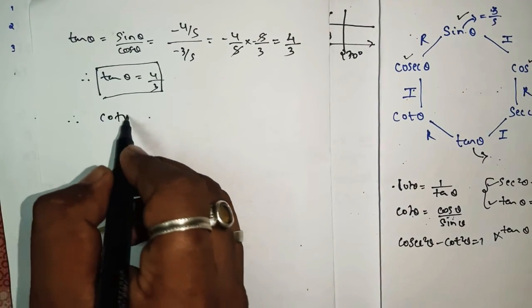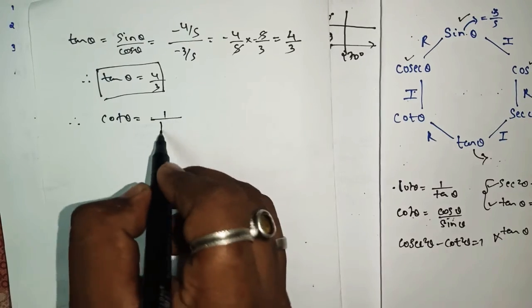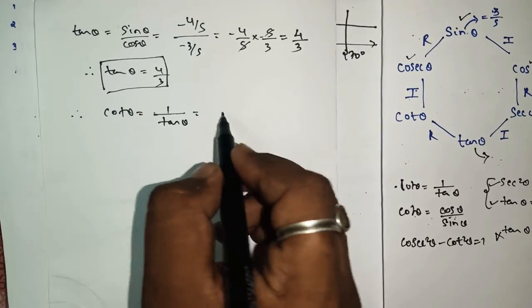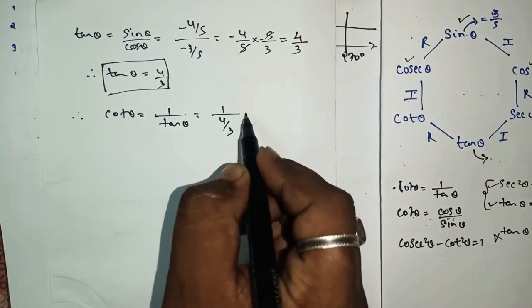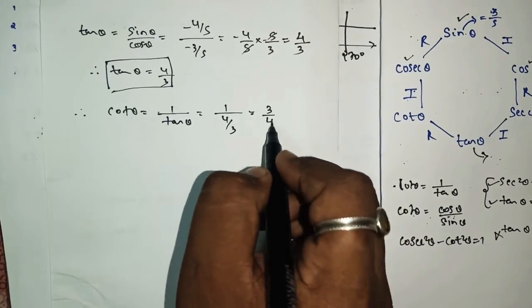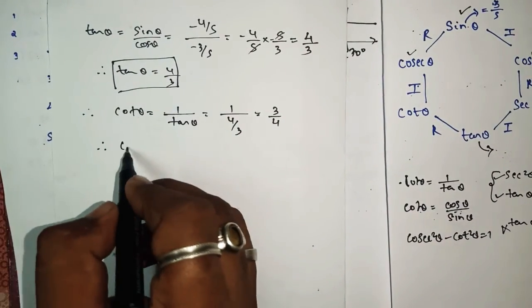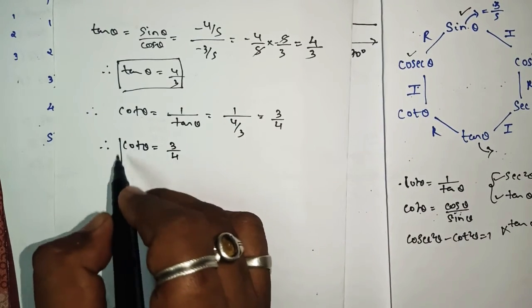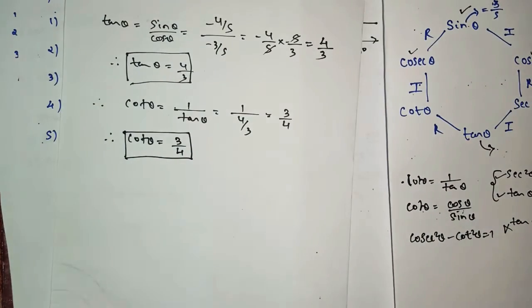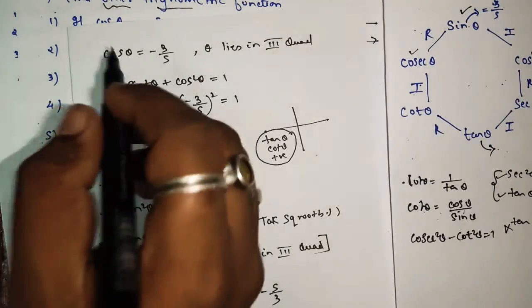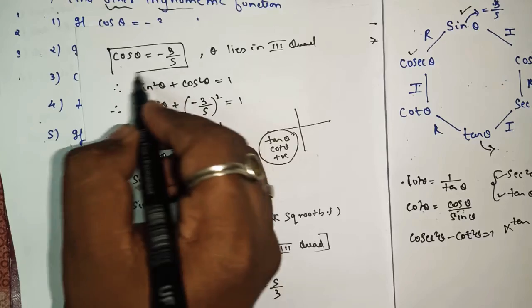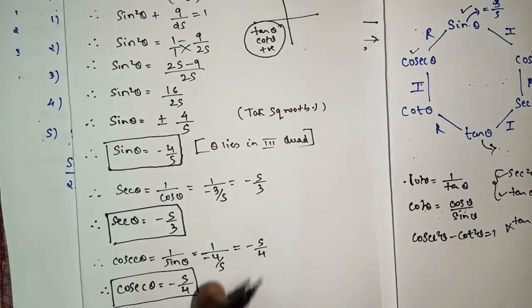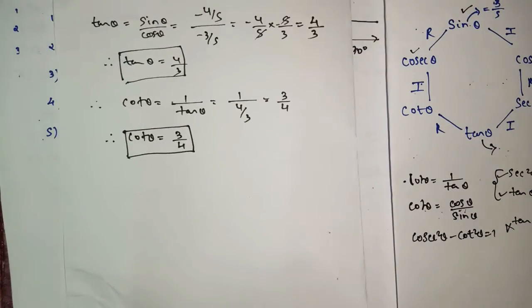So cot theta will be equal to what? 1 upon tan theta, so 1 upon 4 by 3, so the answer will be 3 by 4. So here we got cot theta equal to 3 by 4 as the answer. So as now here, cos was given in the question, we got sine also, sec also, cosec, tan as well as cot also.